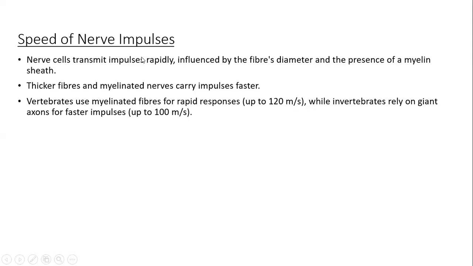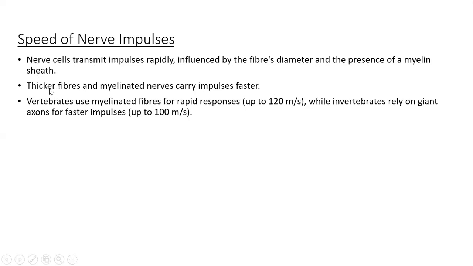Now, the fiber's diameter and the presence of the myelin sheath, they talk about those two factors in this sentence, right? Thicker fibers and myelinated nerves carry impulses faster. So you know that myelinated nerves carry impulses faster. And here, thicker fibers means the fiber's diameter, the axon's diameter.